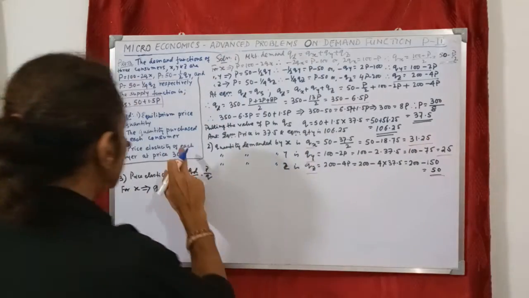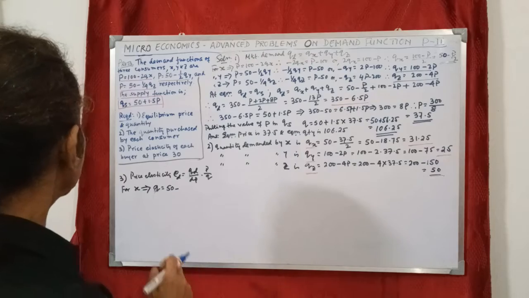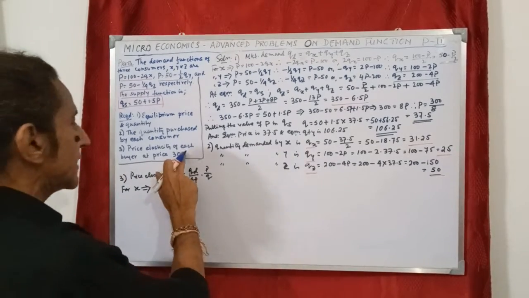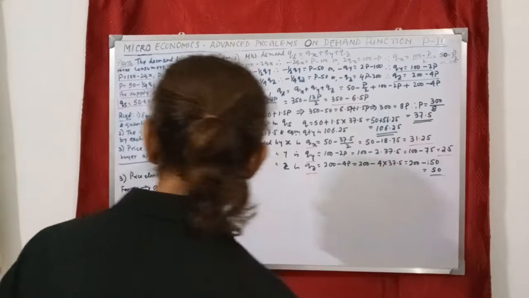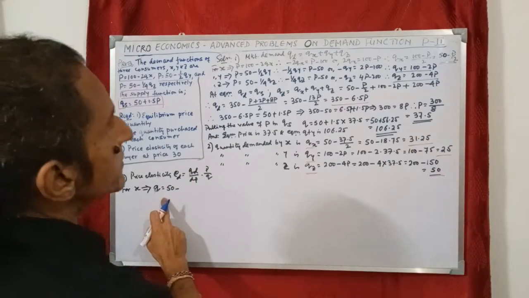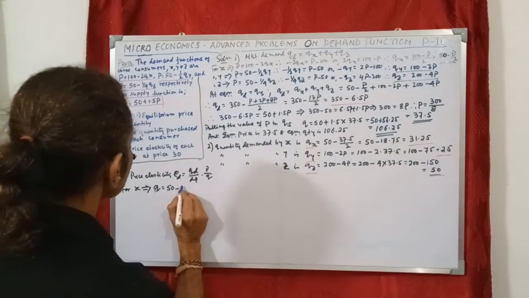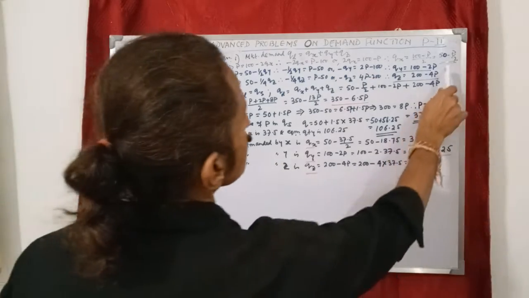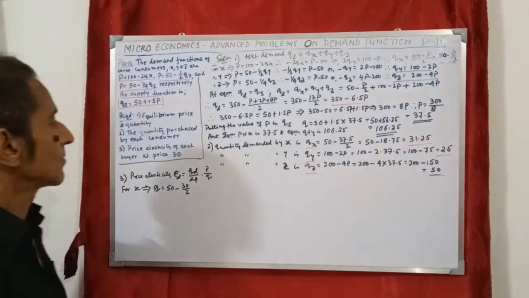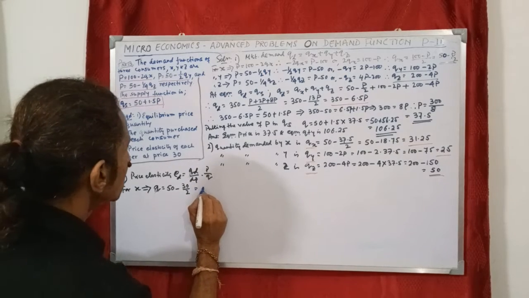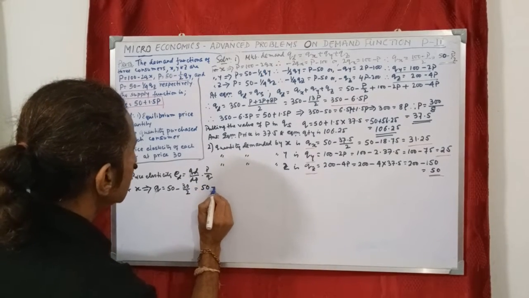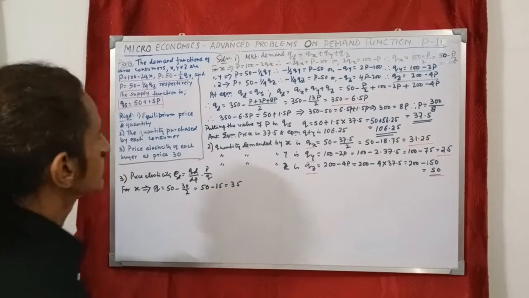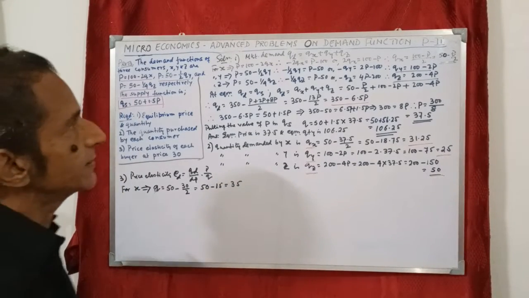We are taking 30 because we are required to find the elasticity of demand at price 30, not at the equilibrium price. So here Q equals 50 minus 30 by 2. So this is 50 minus 15, that is 35, right?